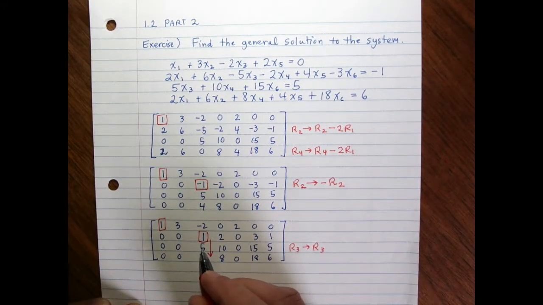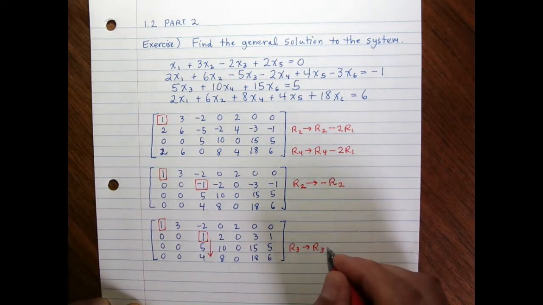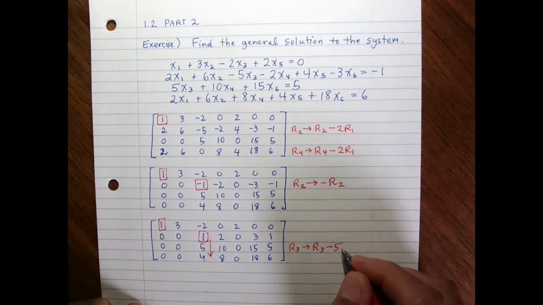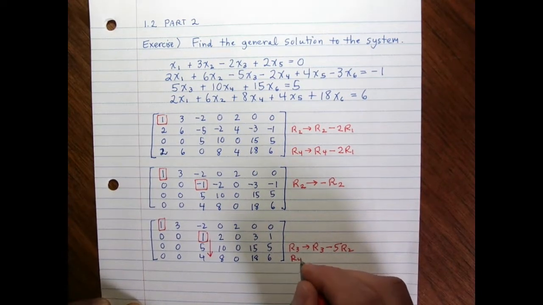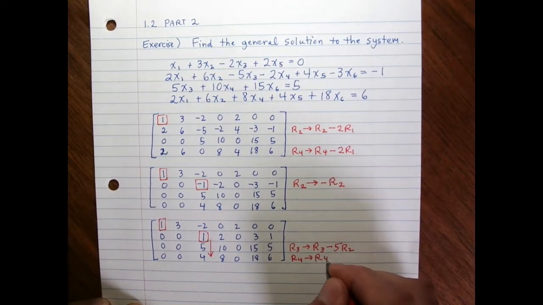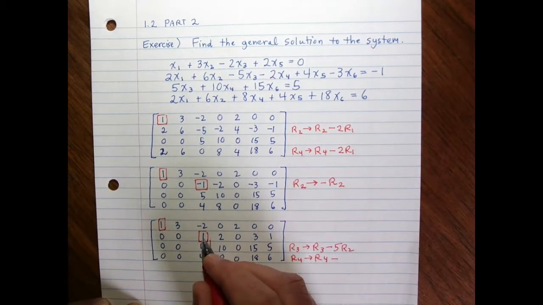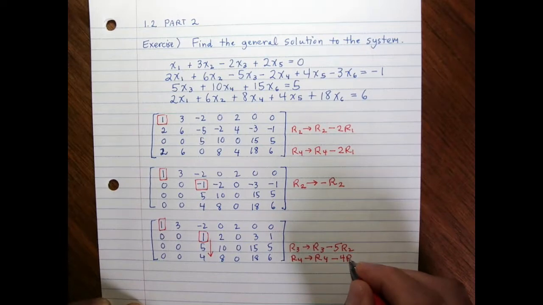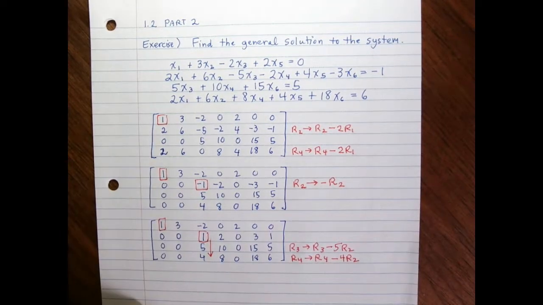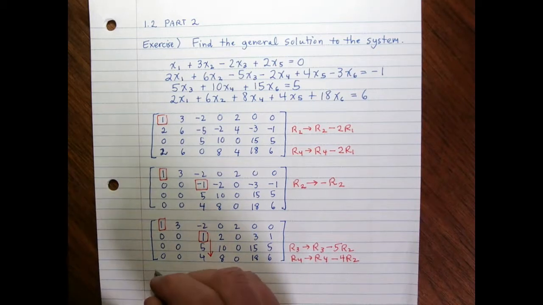Well, I want to take this 5 and subtract 5. So I'm going to subtract 5 times row 2. And row 4 I'm going to replace with row 4 minus 4 times row 2. And let's calculate the result of that.